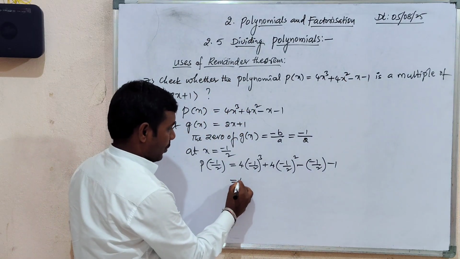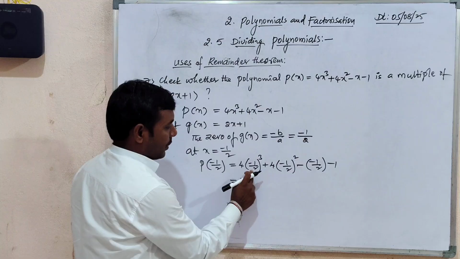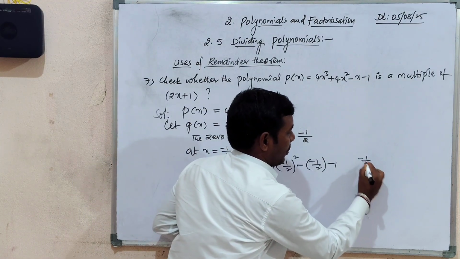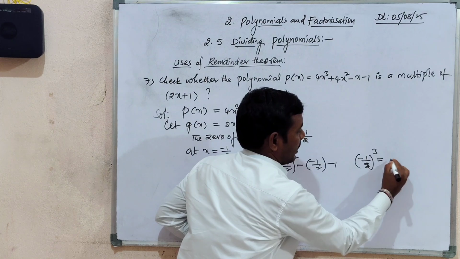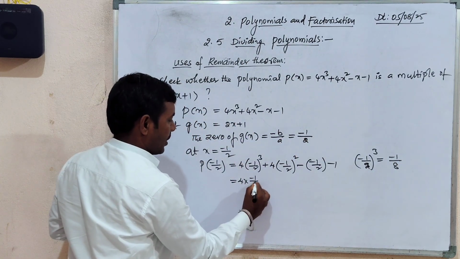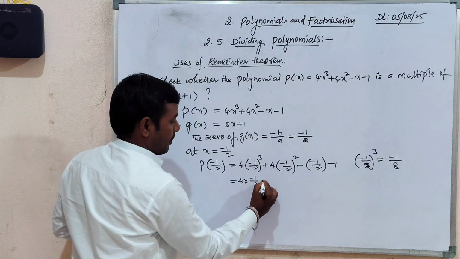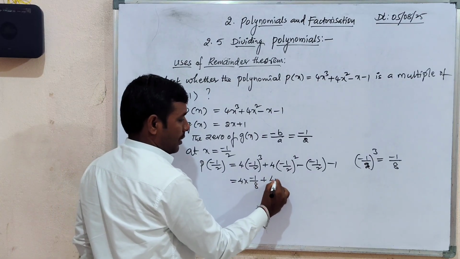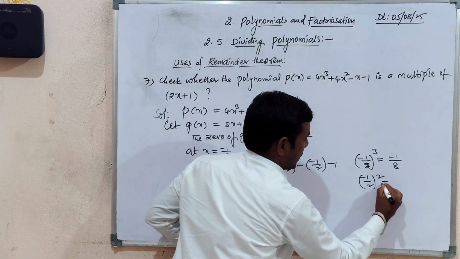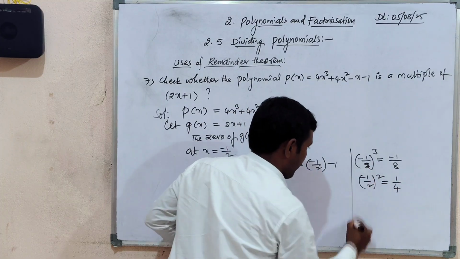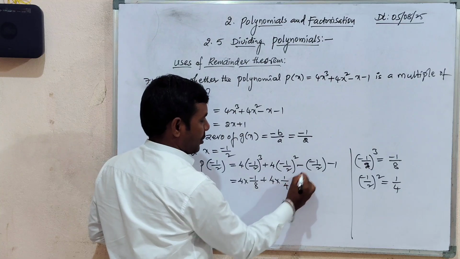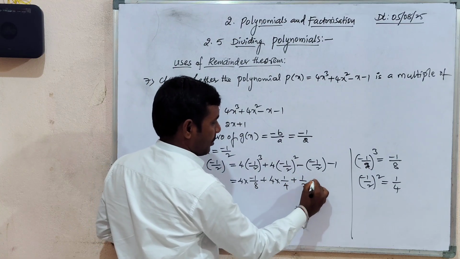Right. 4 into minus 1 by 2 whole cube. Minus 1 by 2 whole cube answer is minus 1 by 8. So minus 1 by 8 plus 4 into minus 1 by 2 whole square, the result is 1 by 4. So right here 1 by 4. Minus into minus plus, 1 by 2 minus 1.